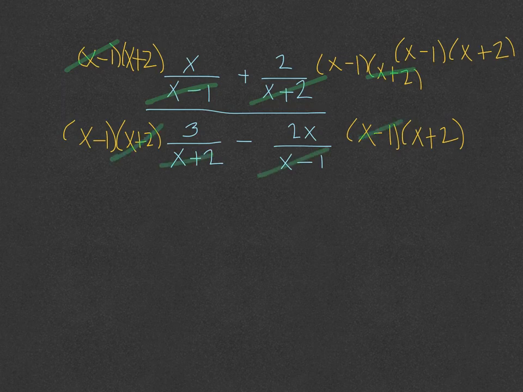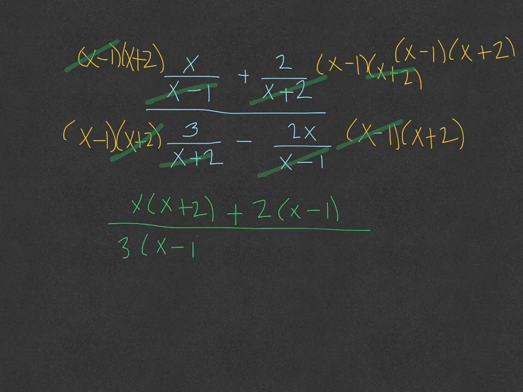And this x minus 1 and this x minus 1. So what we are left with then is x times x plus 2 plus 2 times x minus 1, because everything else canceled out, all over 3 times x minus 1 minus 2x times x plus 2.